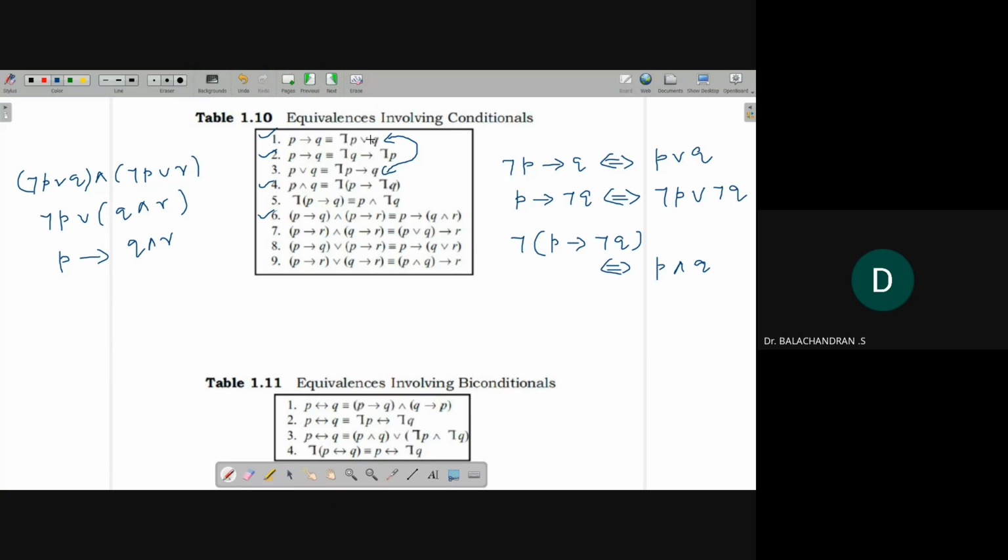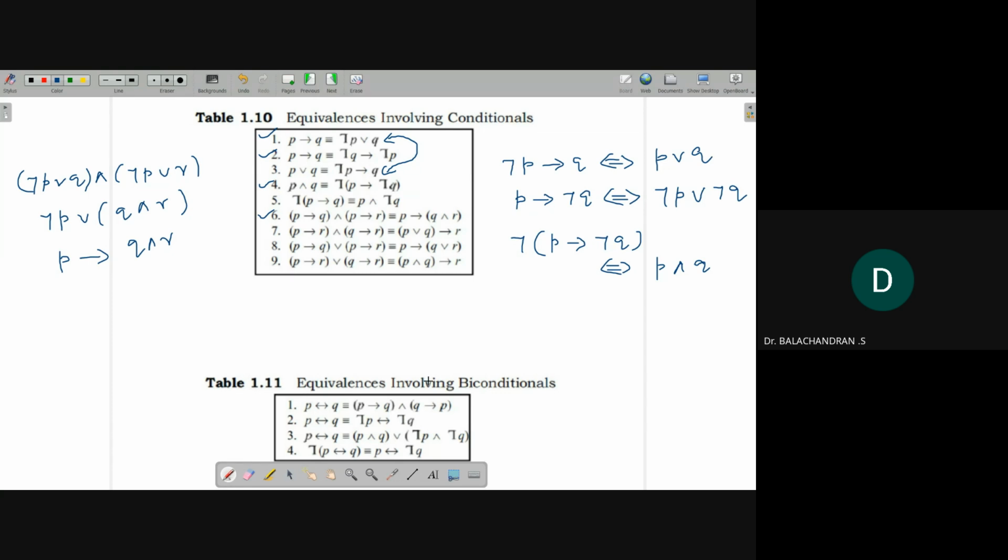Sometimes you will come from right to left, because this is equivalent. Wherever you have negation P or Q, you are ready to write P implies Q. So that's why we got this. Similarly, you can try for 7, 8, 9. The same idea, I think. If you try, you will get it.